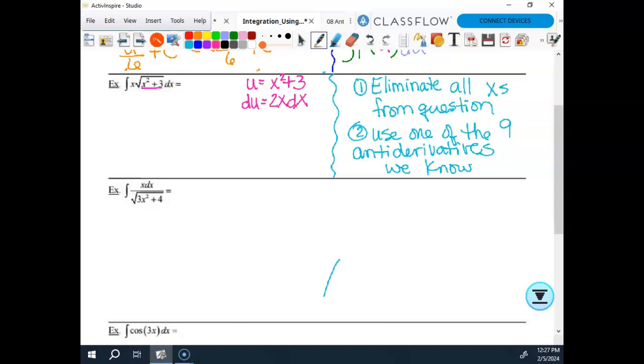Okay, so when I look over here, I know my square root is going to have the u inside of it. I have an x dx, but I don't have a 2x dx. As long as it's a number, like a constant, and not a variable, we can totally take care of that. Because if I need to multiply by 2, that's fine as long as on the outside of the integral I have a 1/2.